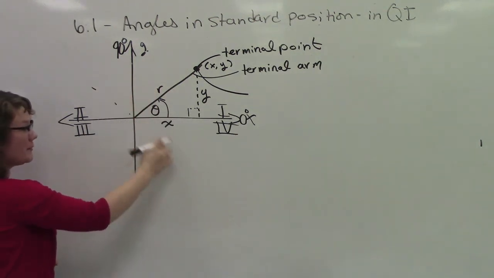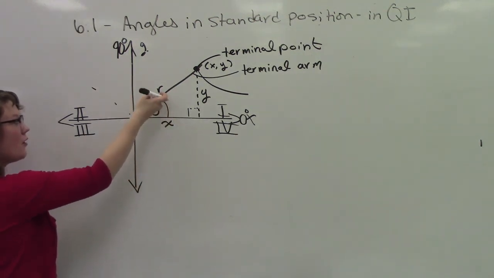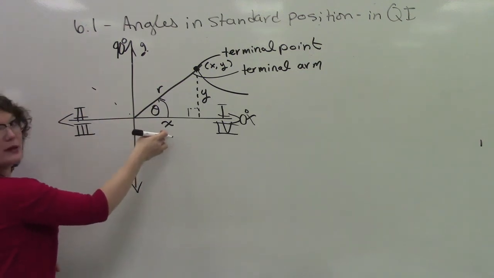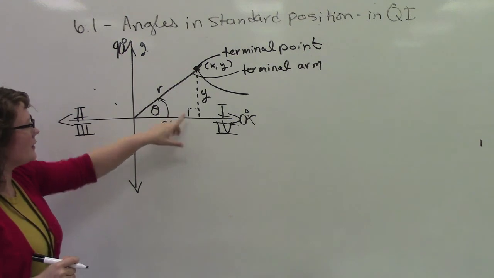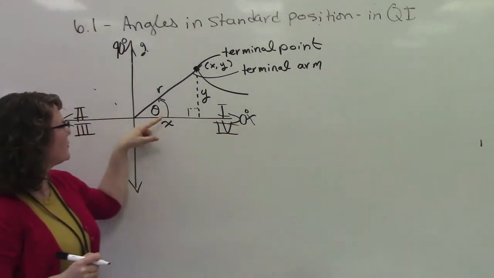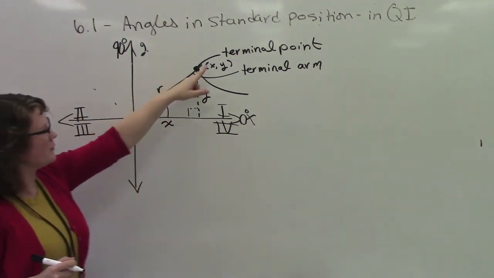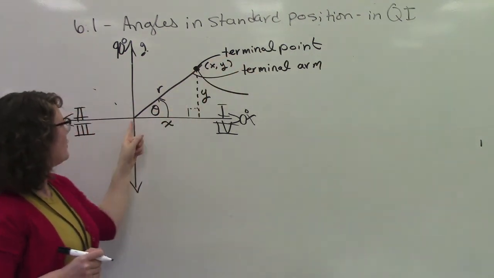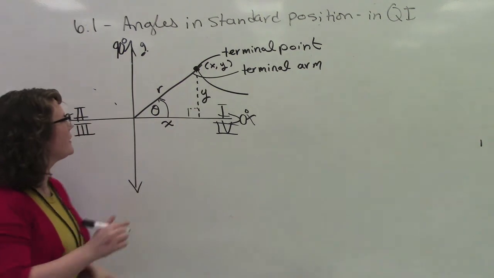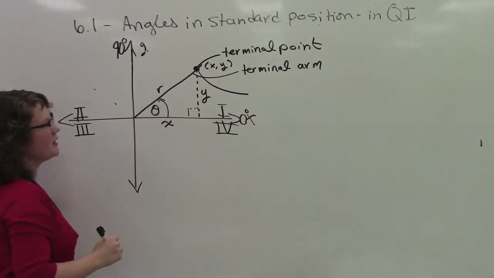Or the terminal arm can be here, and from 0 all the way around would be theta. Okay? So we're taking from the x-axis from 0 degrees, we're going up to that terminal arm, which extends from the origin to the terminal point, and that's what our theta is.